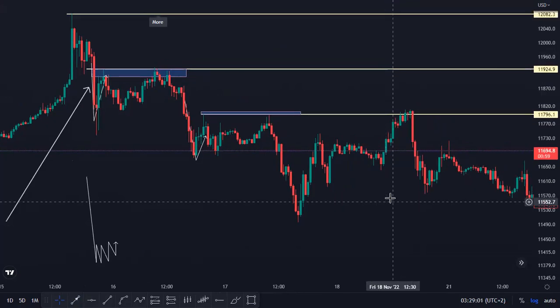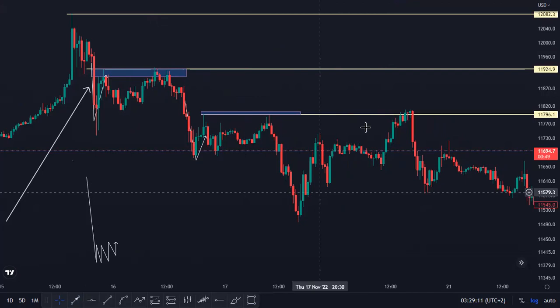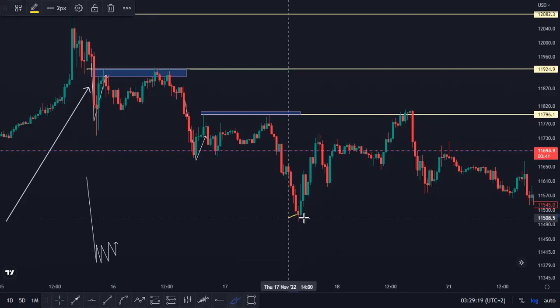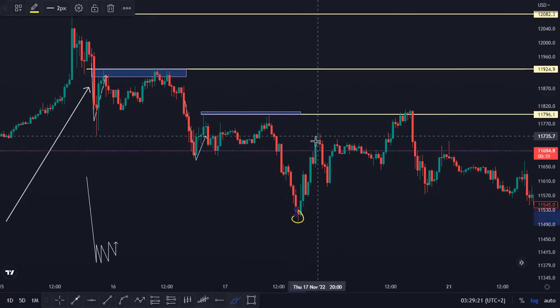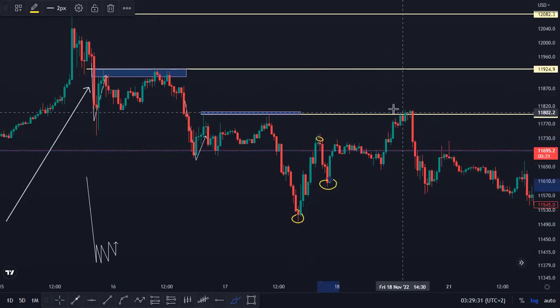Then the market created another high. No, this is not a lower high. Now the market was trying to give us a small, mini bullish market, because as you can see, we had this low here and this high here, a higher low, and also this higher high here.